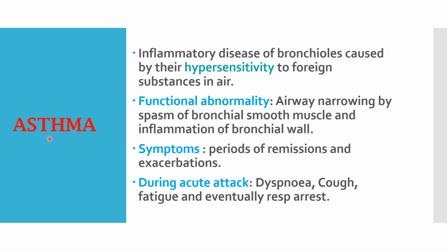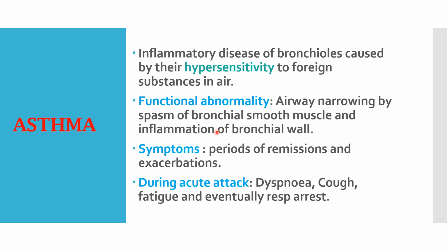The first disease which we will be seeing is asthma. It is considered an inflammatory disease of bronchioles caused by their hypersensitivity to foreign substances in air. The functional abnormality present in asthma is airway narrowing by spasm of the bronchial smooth muscle, which is triggered by exposure to provoking agents like allergens or exercise.